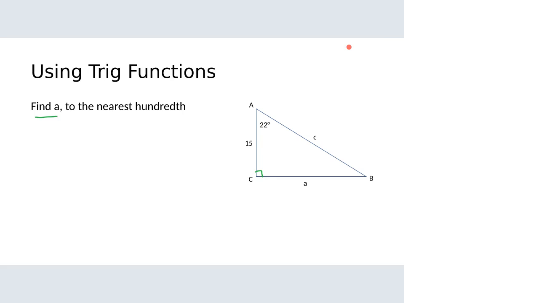All right, so I've got this right triangle over here. And let's see, I'm supposed to find side a. So I'm looking for this side down here. And this is the side that I know. I've got to figure out which trig function to use. You know what? Before I start any of that, I'm going to look at this picture and, okay, that's the angle that I know. I can look at this triangle and I can see that there's my 90.